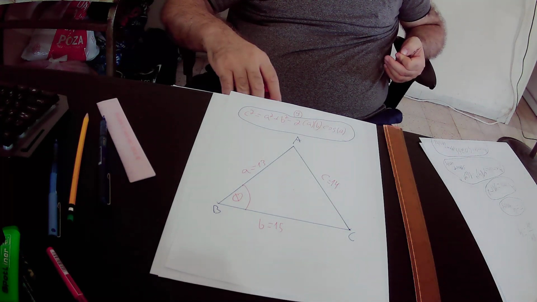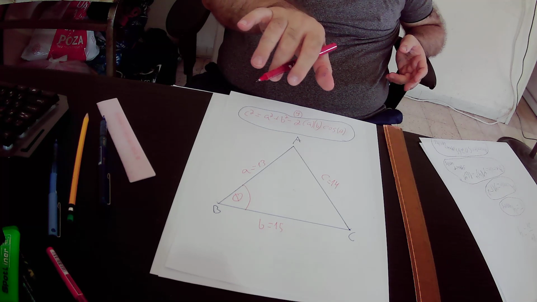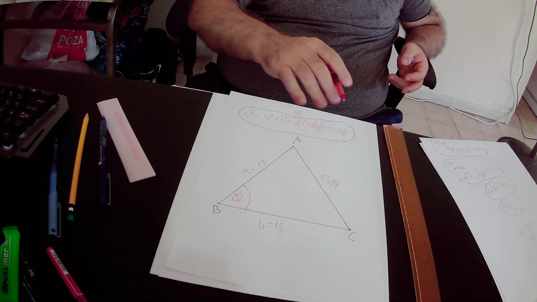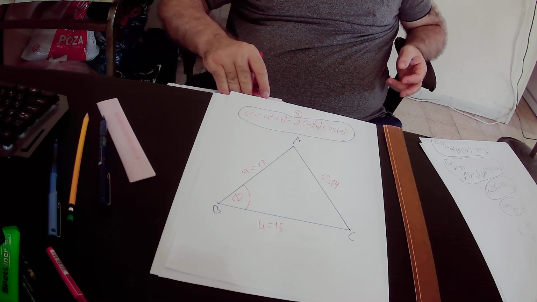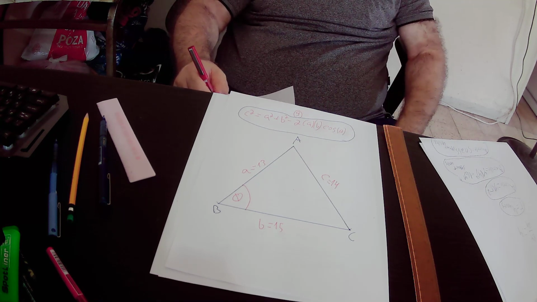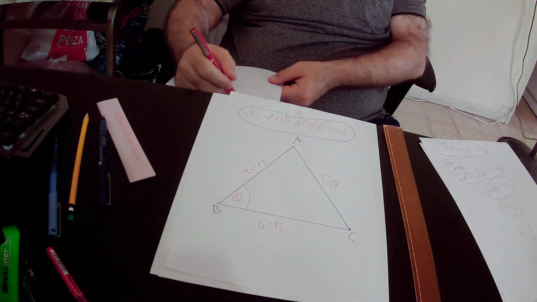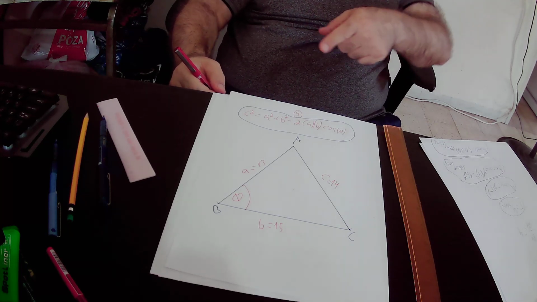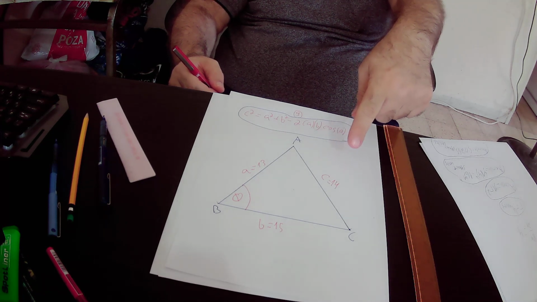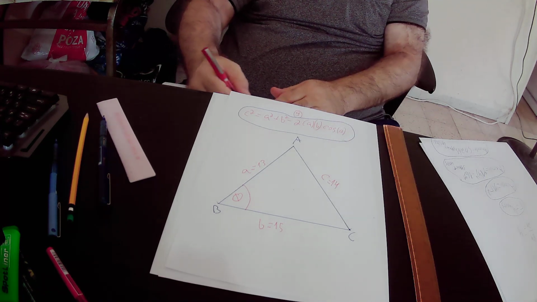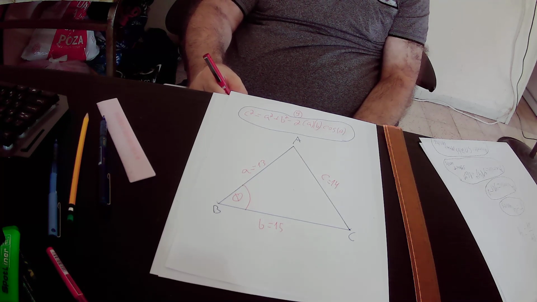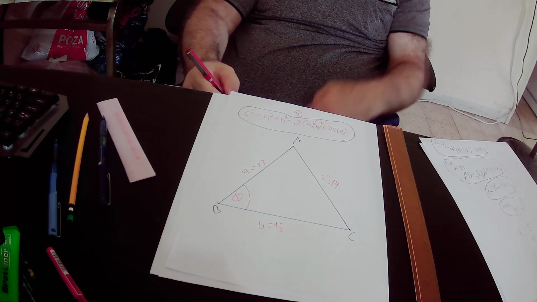So we will put the data inside this equality, and in this way we will find the value of cosine theta. Okay, so C squared: C equals 14 units, so C squared is 14 squared, and 14 squared is 196, equals A squared.